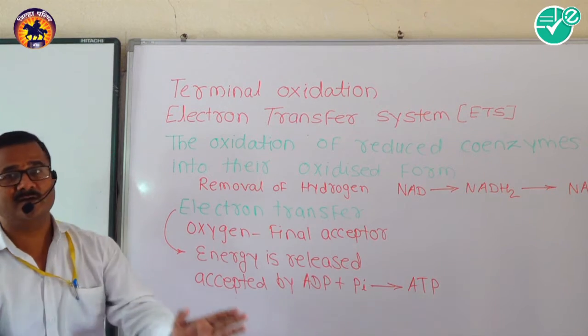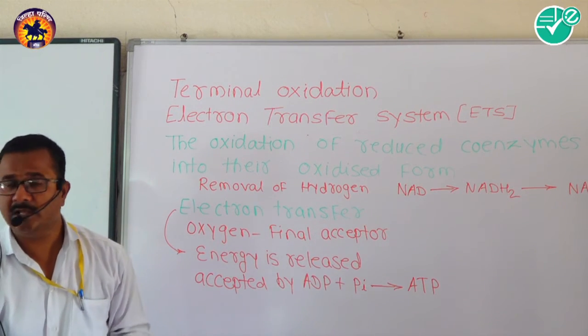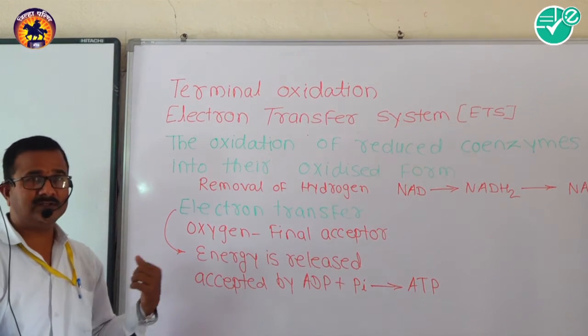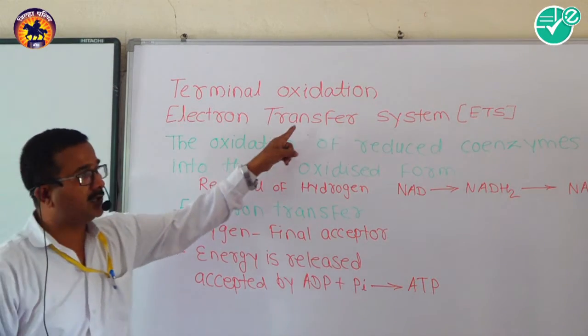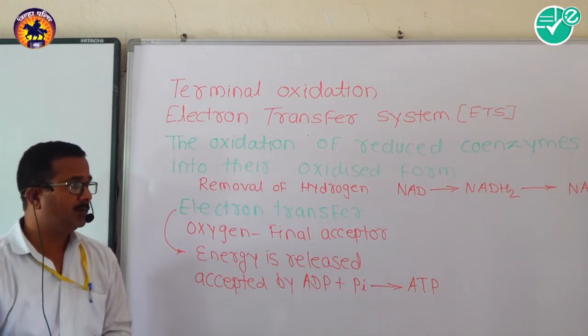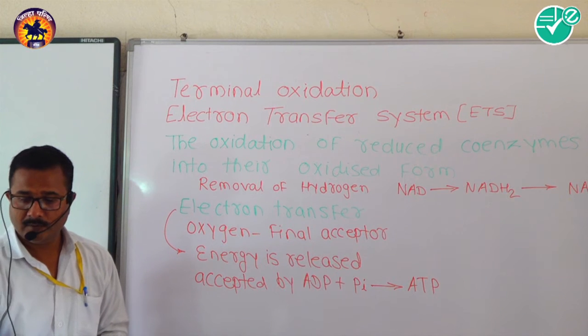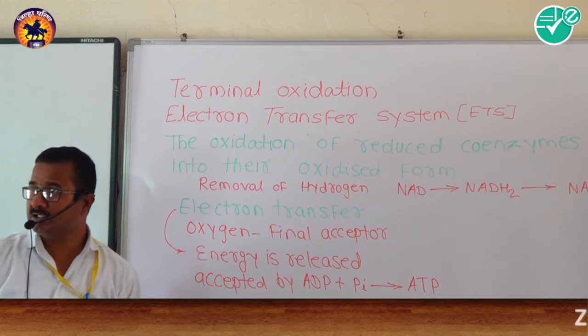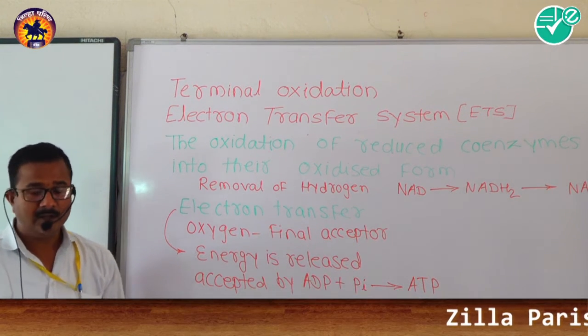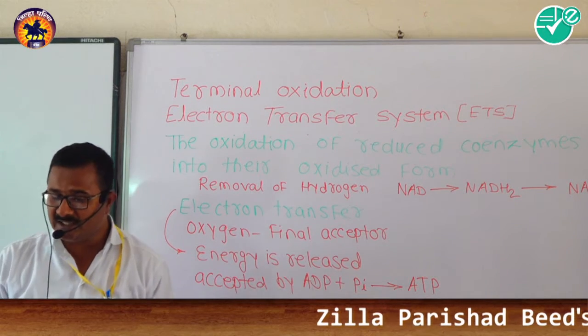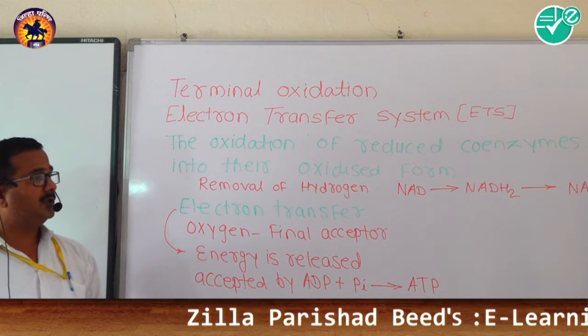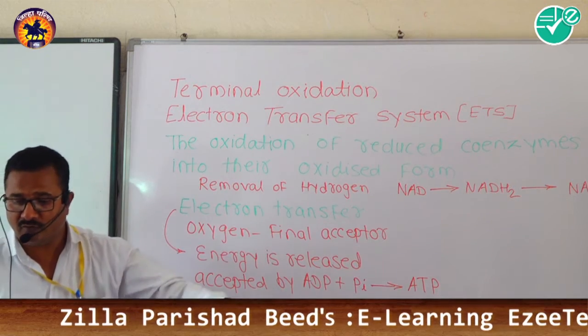Energy is transferred by the electrons. There are so many electron acceptors present, so this is called the electron transfer system. Also, the synthesis of ATP takes place with the help of energy released during the electron transfer. Therefore, it is also called the oxidative phosphorylation.